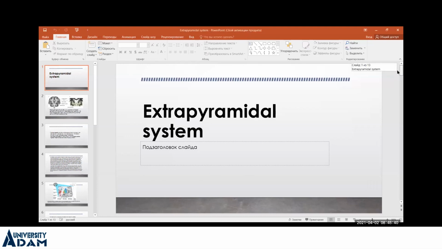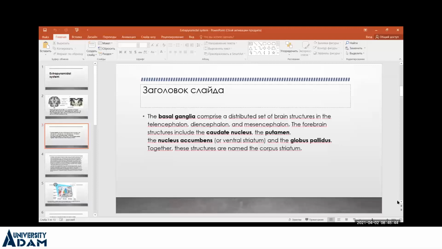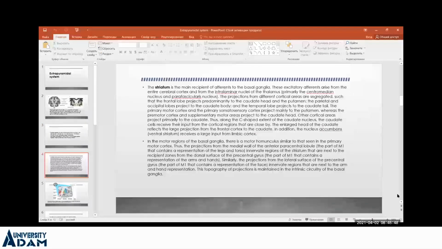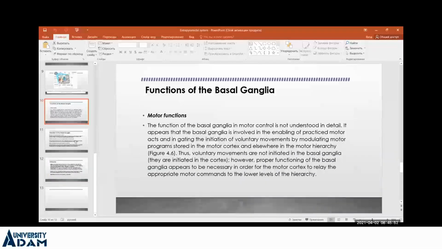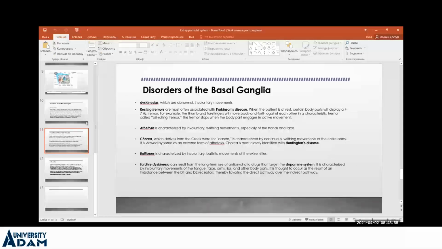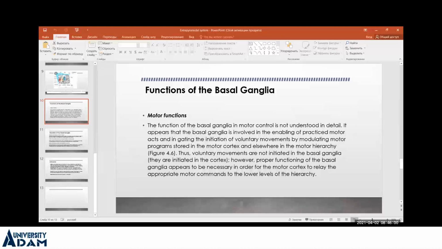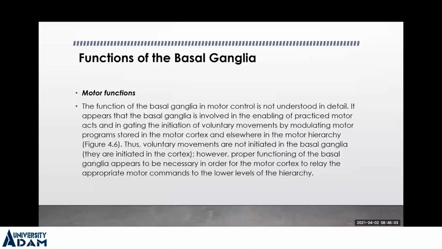Now let's talk about the clinical signs of the extrapyramidal system. As you remember, the function of the basal ganglia in motor control: the basal ganglia are involved in enabling practiced motor acts and engaging the initiation of voluntary movements by modulating motor programs stored in the motor cortex and elsewhere in the motor hierarchy.